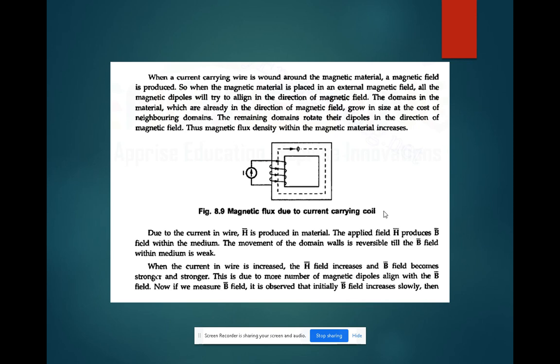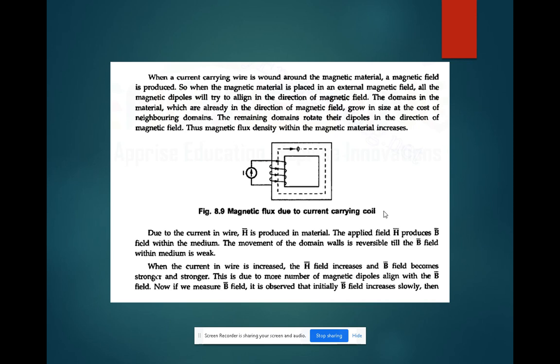The parallel dipole moments will be called a domain. The domains in the material which are already in the direction of the magnetic field will increase when you apply the external field. The size of the domain will increase, and the remaining domains will rotate their dipoles in the direction of the magnetic dipole.